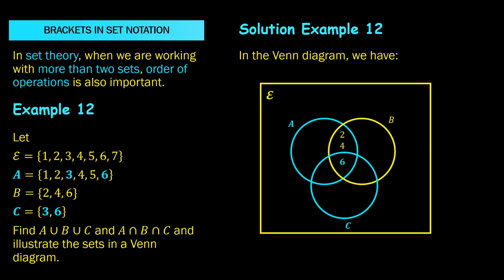We've already considered 6, so we need to place the 3 in the region representing A and C, which is not in B. And now for B and C. The only element common to both is 6, so we don't need to add anything else to our diagram.